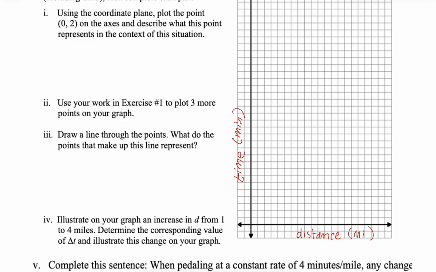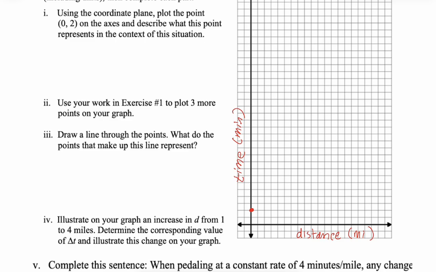It says, use the coordinate plane and plot the point 0, 2 on the axes and describe what this point represents in the context of this situation. So we're going to put this point right here. I'm just going to count by ones. It'll just make everything good. If you don't label, then I'm going to assume you're counting by ones. If you decide to label it differently, then that's okay.